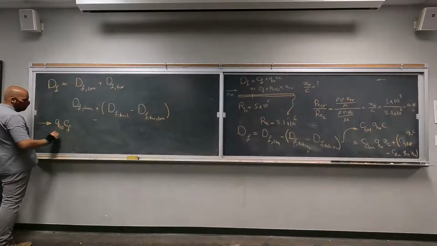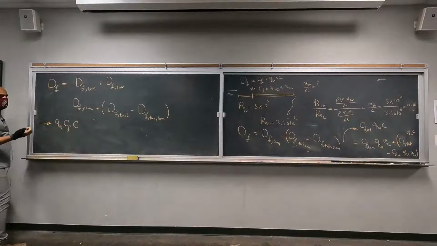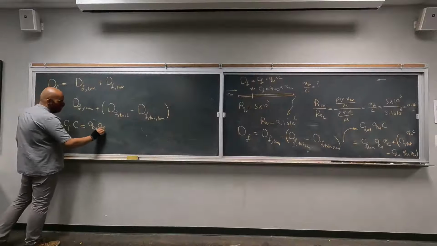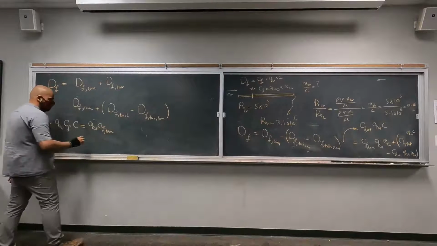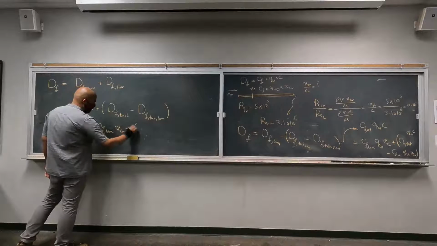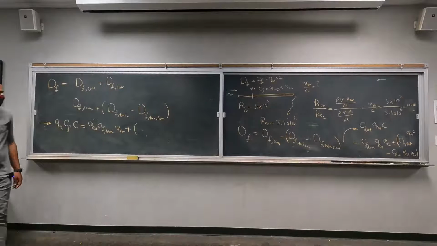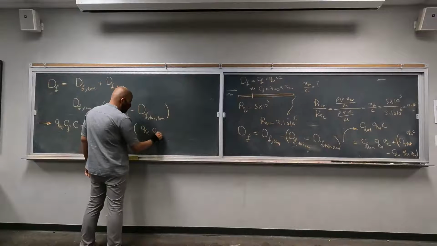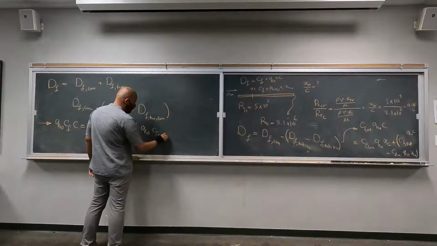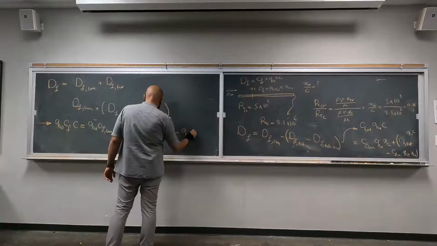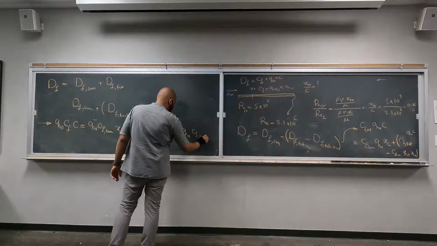Q infinity CF multiplied by your C. This is equal to Q infinity CF laminar multiplied by X critical plus Q infinity CF turbulent of the whole plate C minus Q infinity CF turbulent of the laminar region X critical.